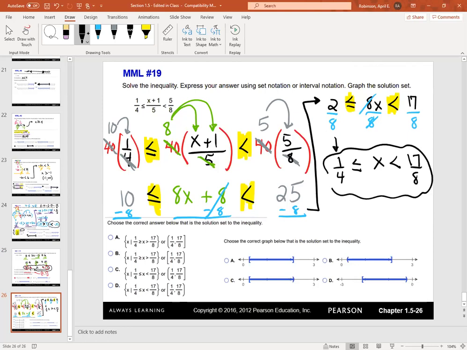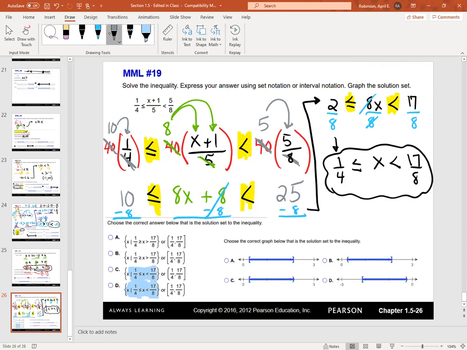This is my answer, which when I come over to my choices, I need, let's see. This one says 1/4 is less than or equal to x is less than 17/8, and so does this one. 1/4 is less than, okay. So it's going to be an interval, I'm just going to decide it.